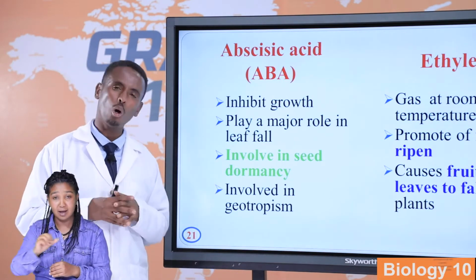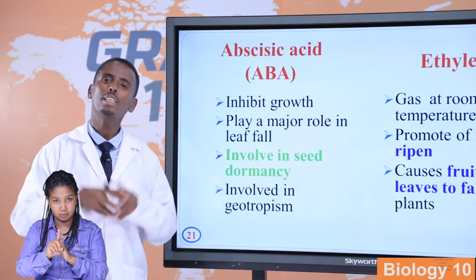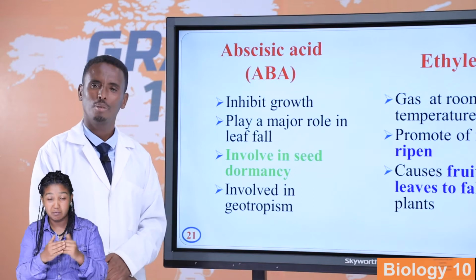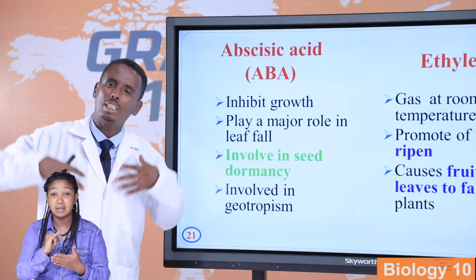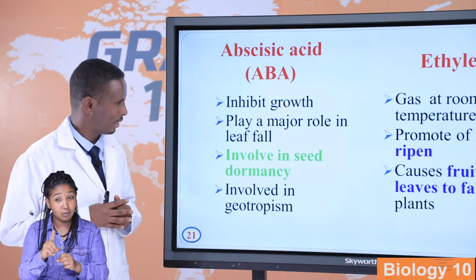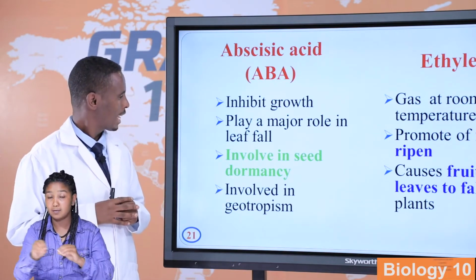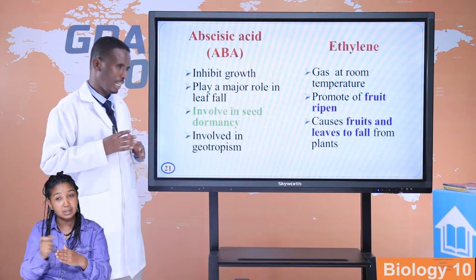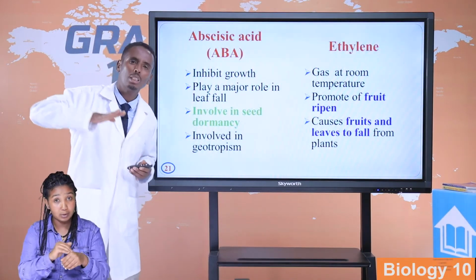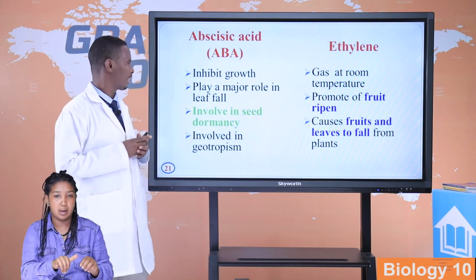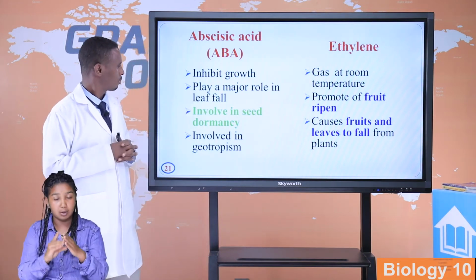Abscisic acid inhibits growth. When the condition is not favorable, when there is not enough water, when the temperature is not enough for enzyme activity, it promotes seed dormancy. It makes the seed stay in the dormant period by inhibiting its growth.